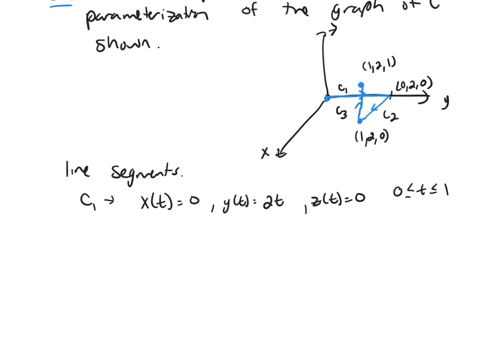If I describe C2 now, and I'm going to let t be between 1 and 2 for this portion, the only thing that's changing is your x. y stays the same, so y of t is 2, and your z component is always 0 there on C2.